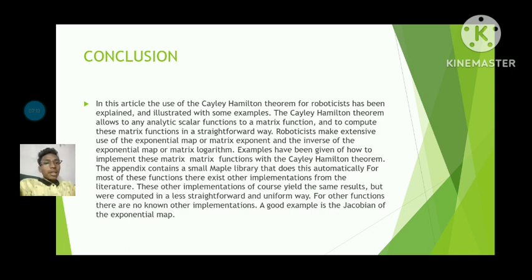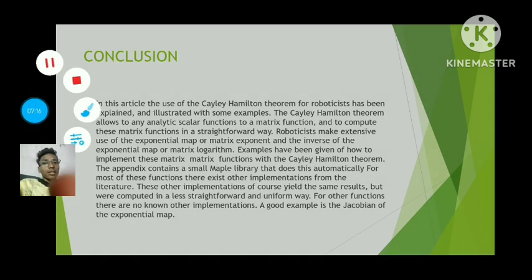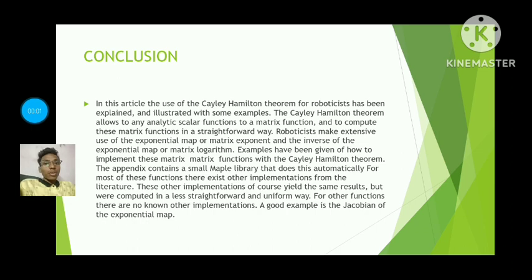Okay. Now we see the conclusion. In this article, the use of the Cayley-Hamilton theorem for roboticists has been explained and illustrated with some examples. The Cayley-Hamilton theorem allows extending any analytic scalar function to a matrix function and computing these matrix functions in a straightforward way.